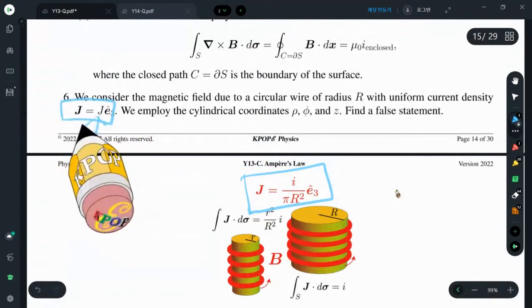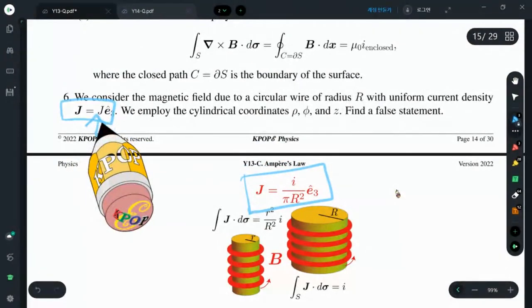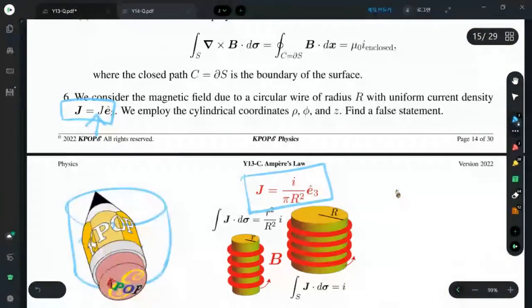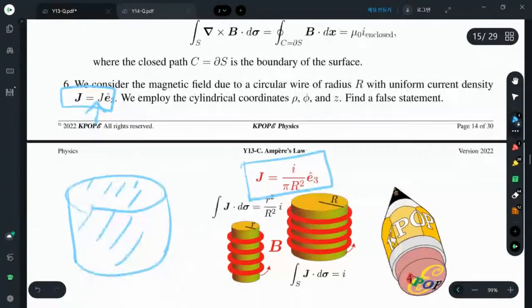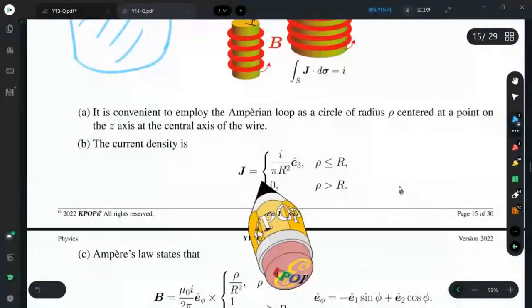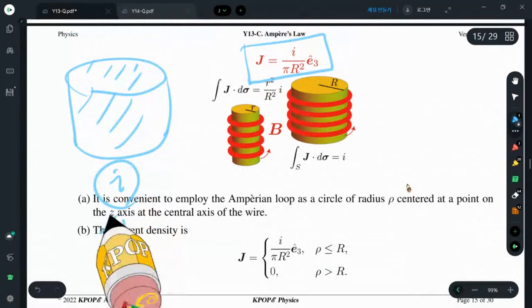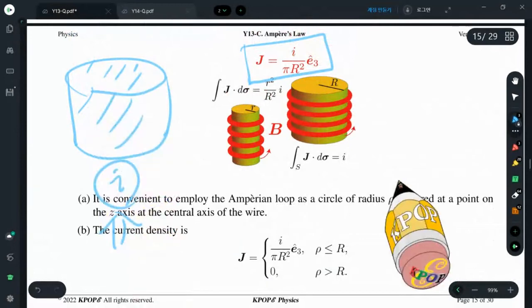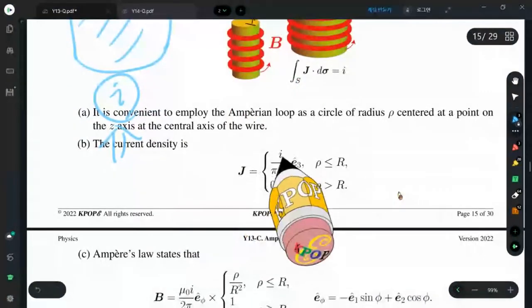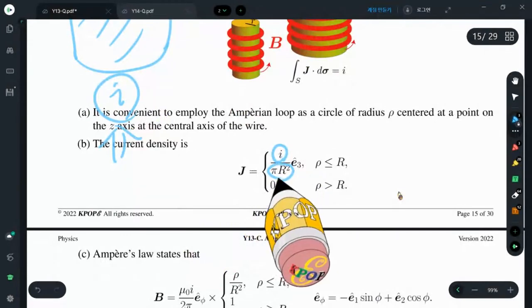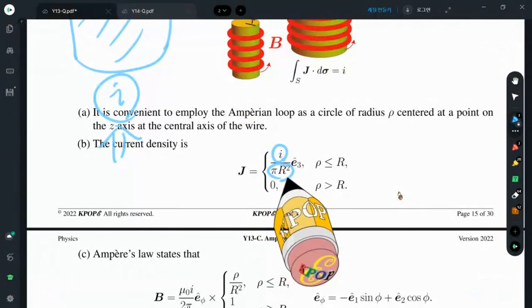This is a constant current density inside the cylinder. In that case, in total, I is flowing in uniformly. Then the current density can be written as I divided by the cross-sectional area pi R squared.